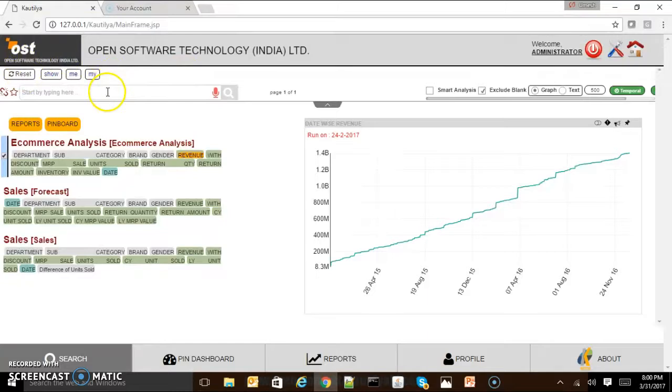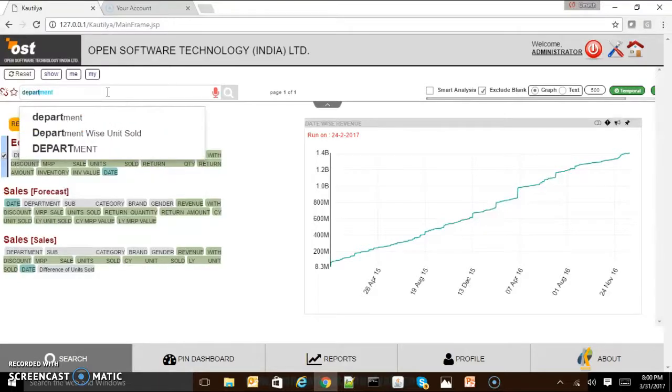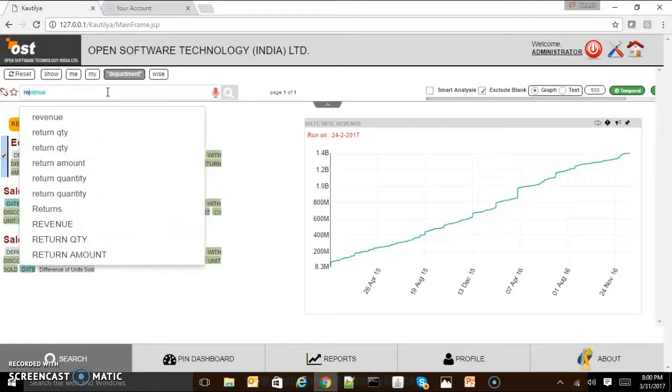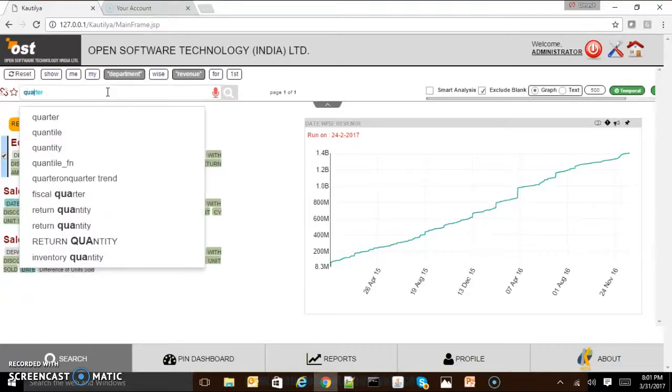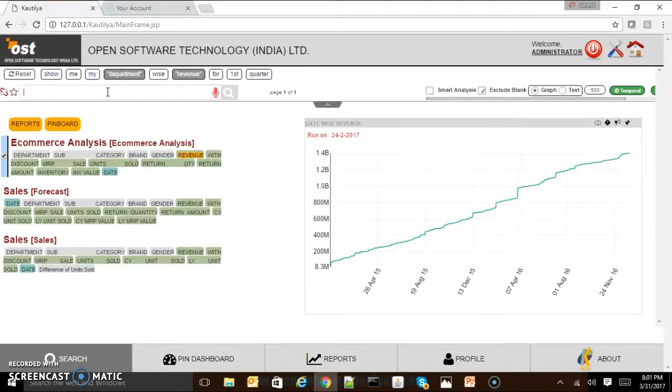So now what happens if I want to see the data in some different ways? For example, I want to see my department wise revenue for first quarter 2015.